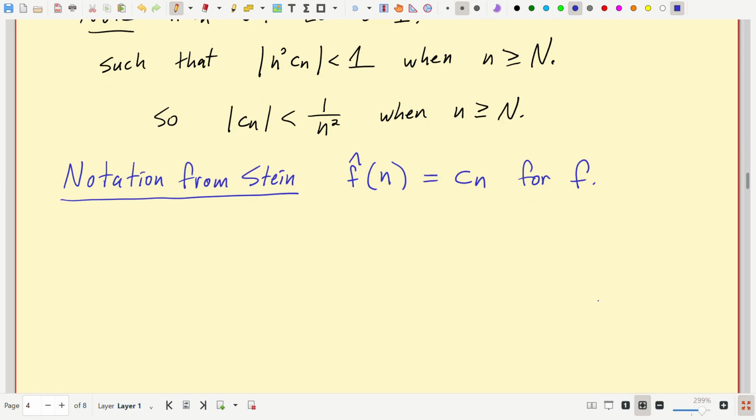That's a handy thing to have because now I'm going to show the proof that the Fourier coefficient for f prime is going to be i n times the Fourier coefficient for f, just like I promised in that first twiddle.